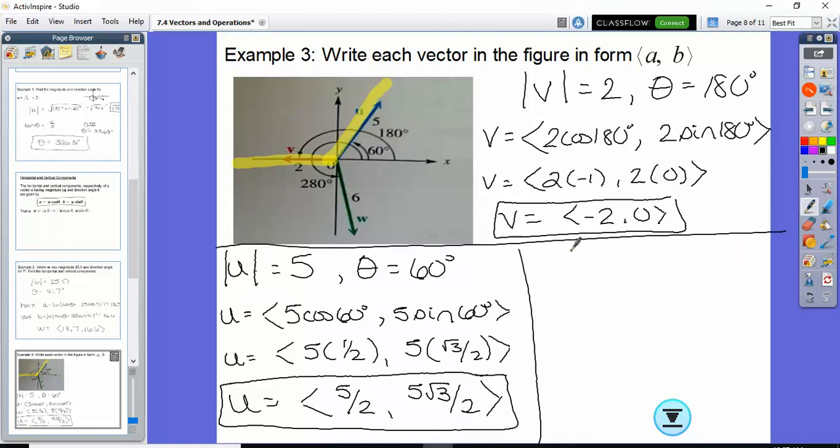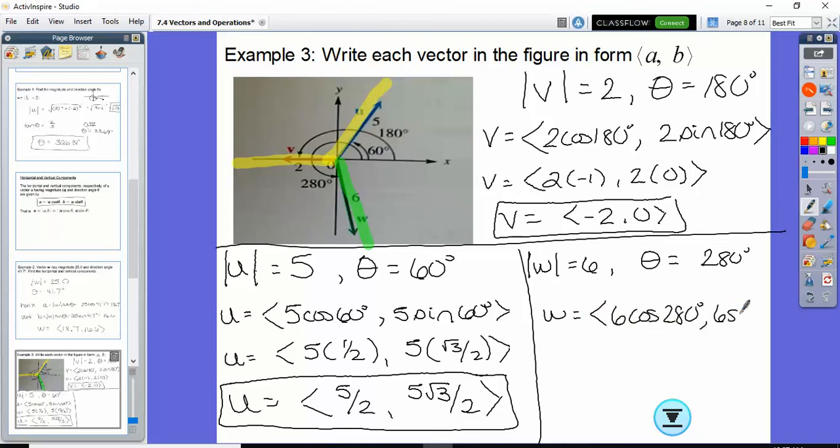Last one, we have vector W. So if I'm looking at W, its magnitude is 6. Direction, so the angle for W? 280. So W is 6 times the cosine of 280 degrees, 6 times the sine of 280 degrees. 280 is not from our unit circle, that means we use the calculator here.